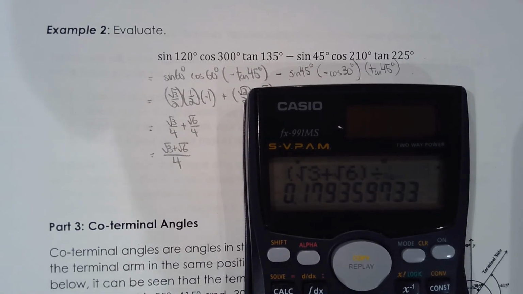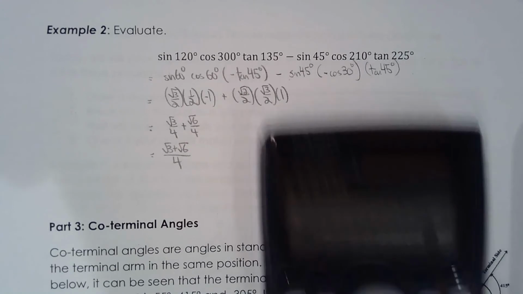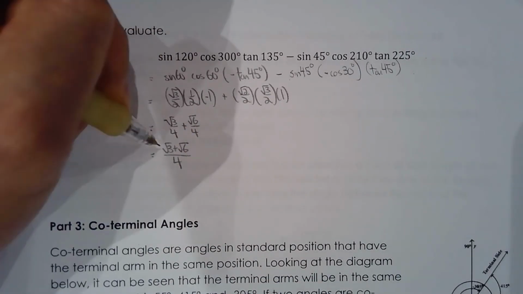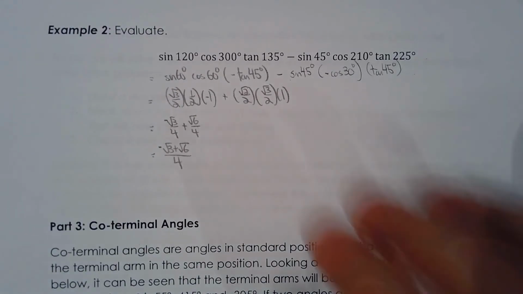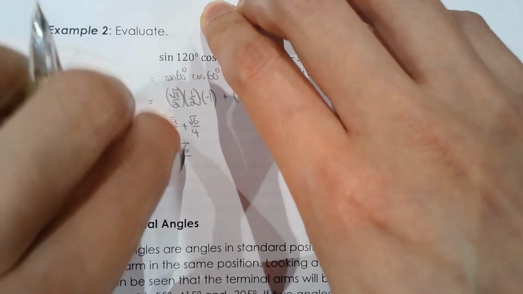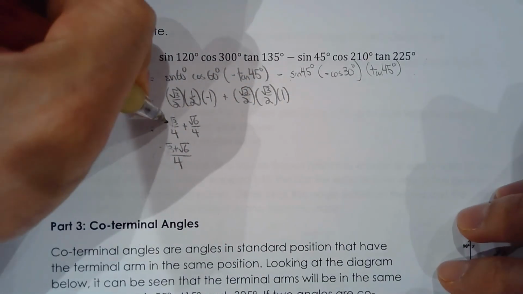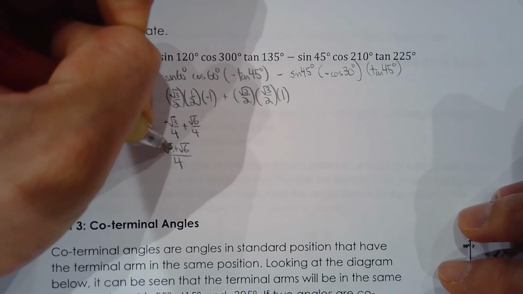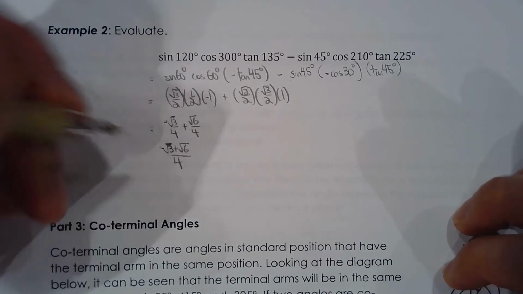So is this root 3 plus root 6 all over 4? Uh-oh, that is not good. Oh, it's because it's negative. Oh, I'm glad I checked. Let me try to fix that one more time.